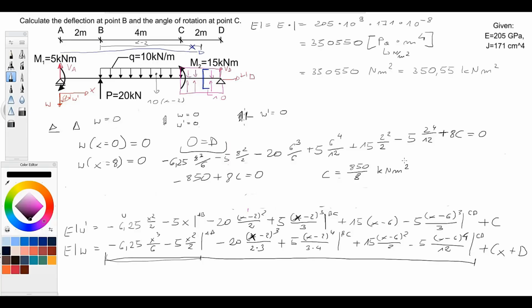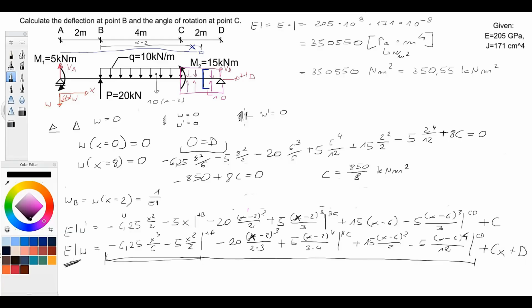So we can calculate the deflection at any point, the angle of rotation at any point. We are specifically asked in the task to calculate the deflection at point B. So if calculating the deflection at point B, then we write that wB equals w from x equals 2. And now, where do people very often stumble? By forgetting that we still have EI on the left side.